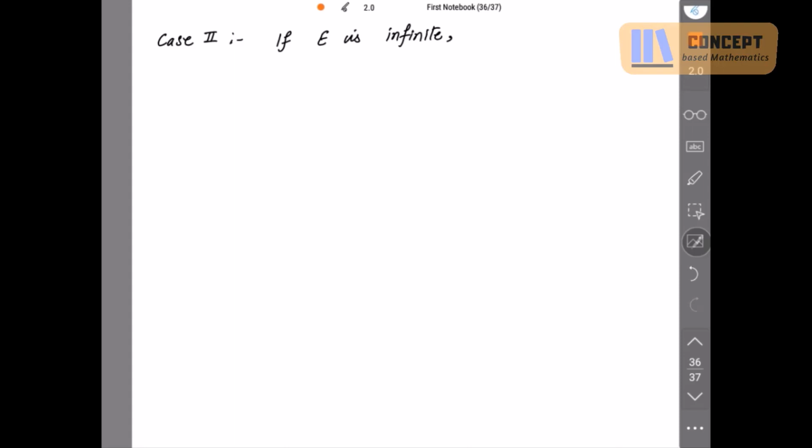So then E has a limit point P in X. This is a theorem, that is, if you have a subset in X and that subset is infinite, then that subset has a limit point in X. So E has a limit point in X. Now remember the definition of the limit point.